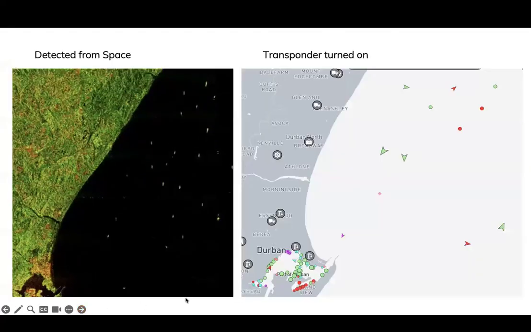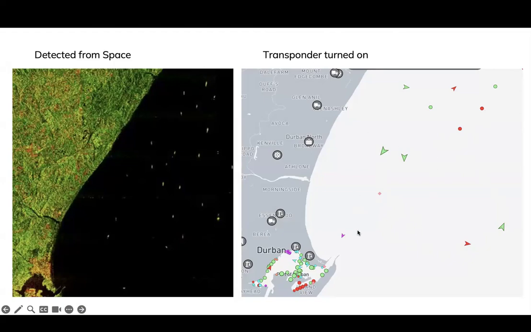So here I have a comparison. There's an open, global website that shows the different ships, fishing vessels and boats, whatever size, and these symbols relate to their transponders.